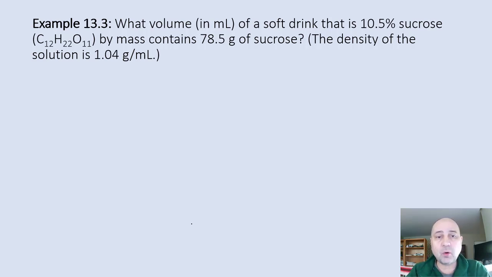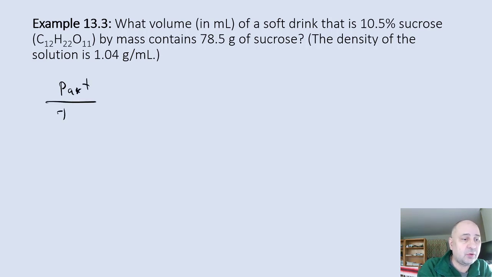Okay, so the way I would tackle that is by first applying the percent. So what we're looking for is, a percent is a part divided by total times 100. That's the formula for percent.